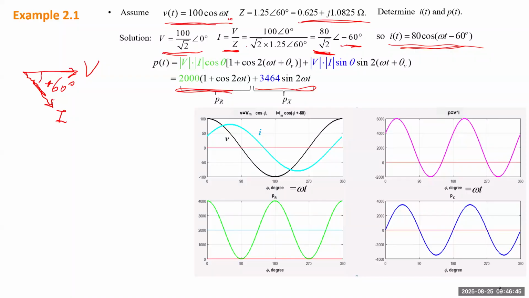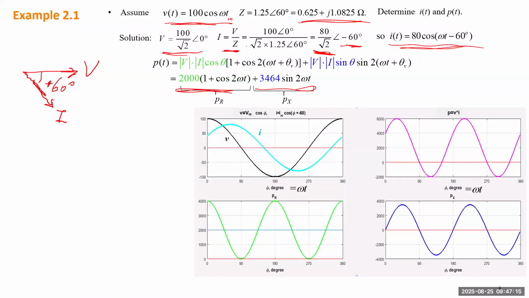Second plot is just you multiply the two waveforms point by point for each time. For instance, 100 multiplied by this value will give you this value. So just do that. Okay, for every time point, you get the second waveform. Yeah, so that's actually what this instantaneous power means. If you take a look at this waveform, it's still sinusoid waveform, but the period becomes a half.